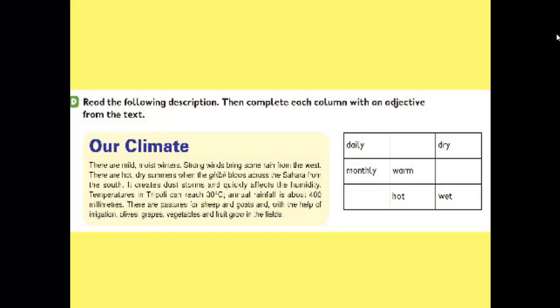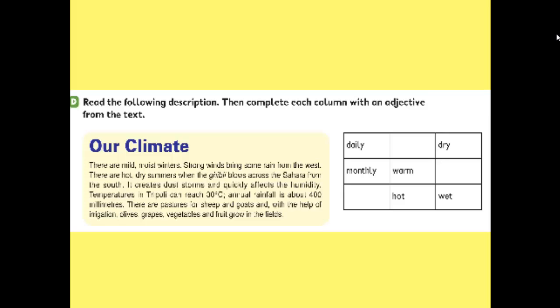Let's do exercise number D. Read the following description, then complete each column with an adjective from the text. Our climate. There are mild, moist winters. Strong winds bring some rain from the west. There are hot, dry summers. When the gale blows across the Sahara from the south, it creates dust storms and quickly affects the humidity.